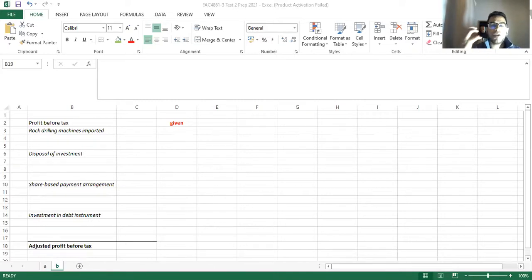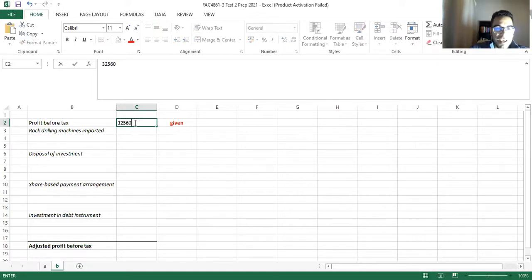Then once you picture the journal entries, you must identify which line items of the journal entries impact profit or loss, and then you bring that into our calculation. So the starting point is the given profit before tax, 32,560.